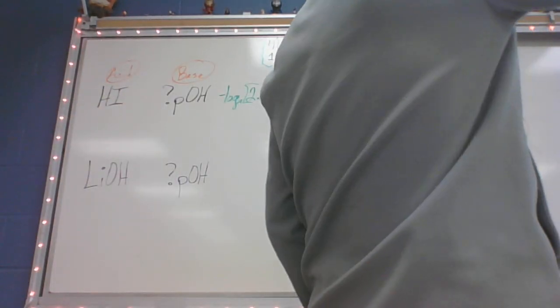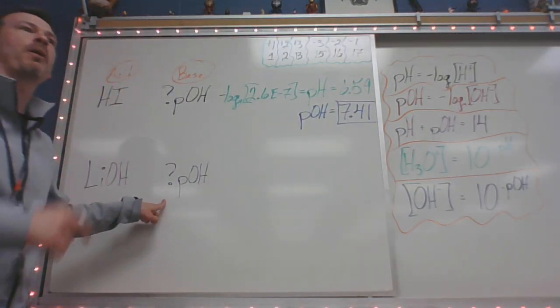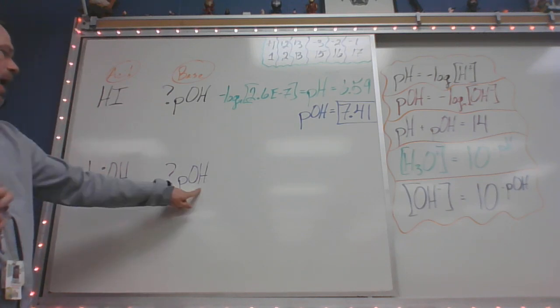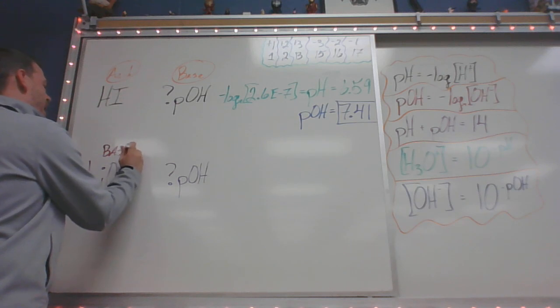Let's go over to row 5, seat 3. Hey, 5-3. On the other one, match or mismatch? Match is correct. Look at the OHs yelling at you. Both of them are bases.